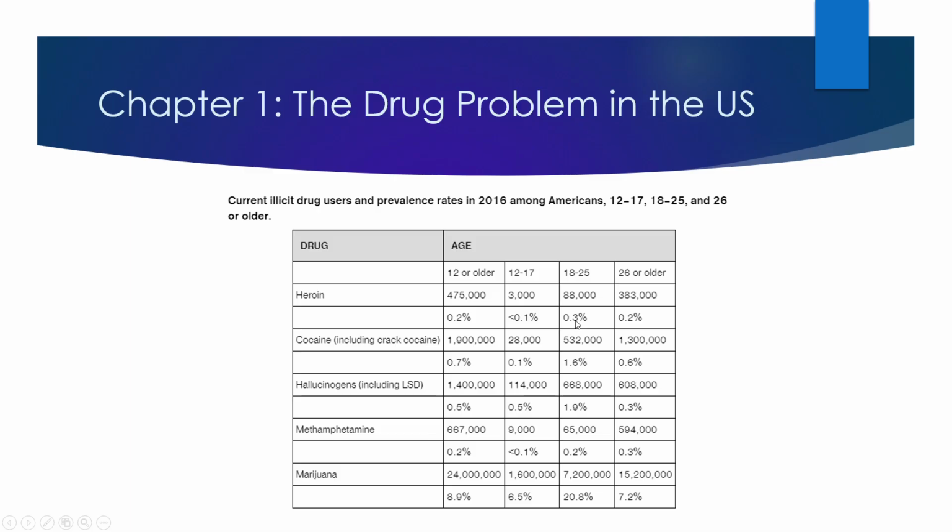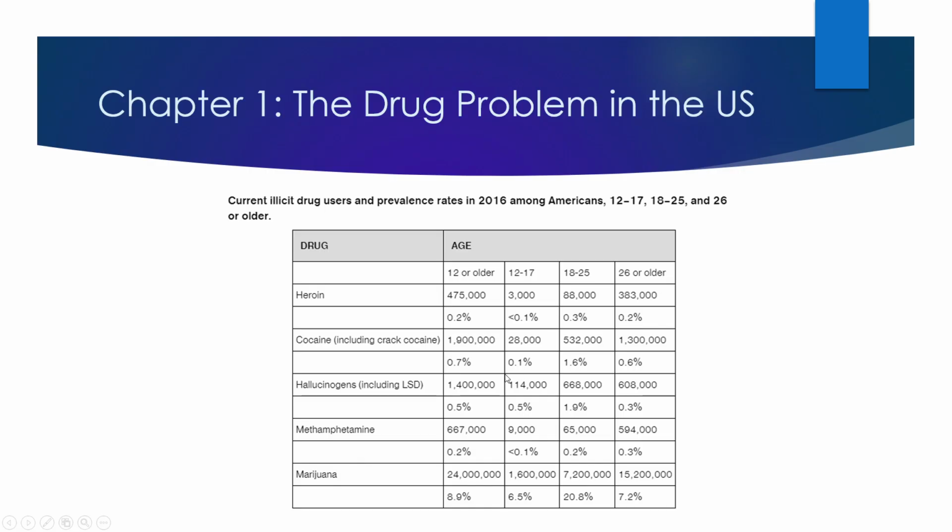It's still a small percentage, but a little higher than younger and older folks. So maybe 18 to 25 might be the key age, the age with the highest rates. But as we move down, the cocaine sort of confirms that. If you look at the different age groups, again, here we see the highest number, 1.6 at 18 to 25.